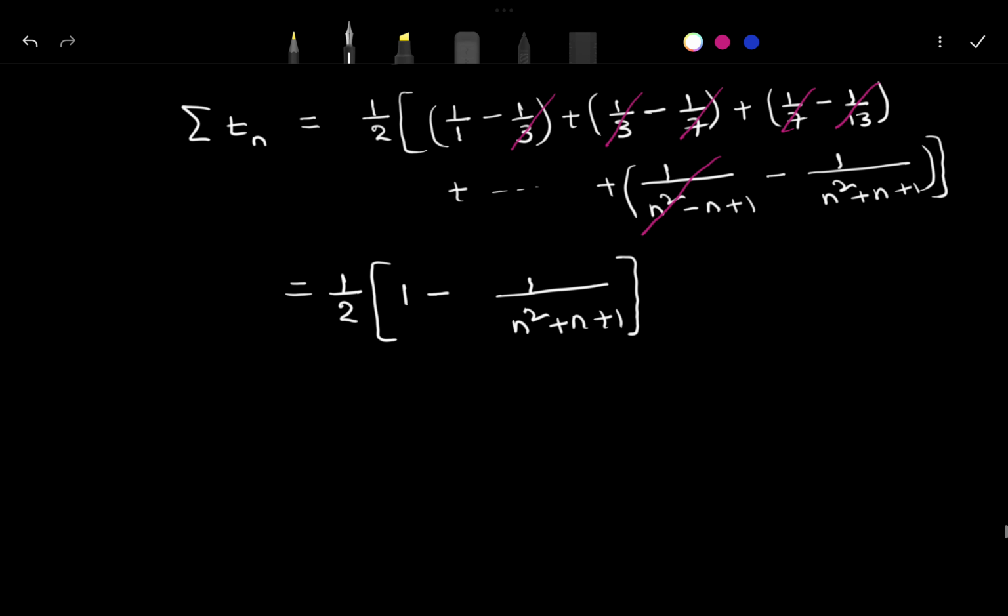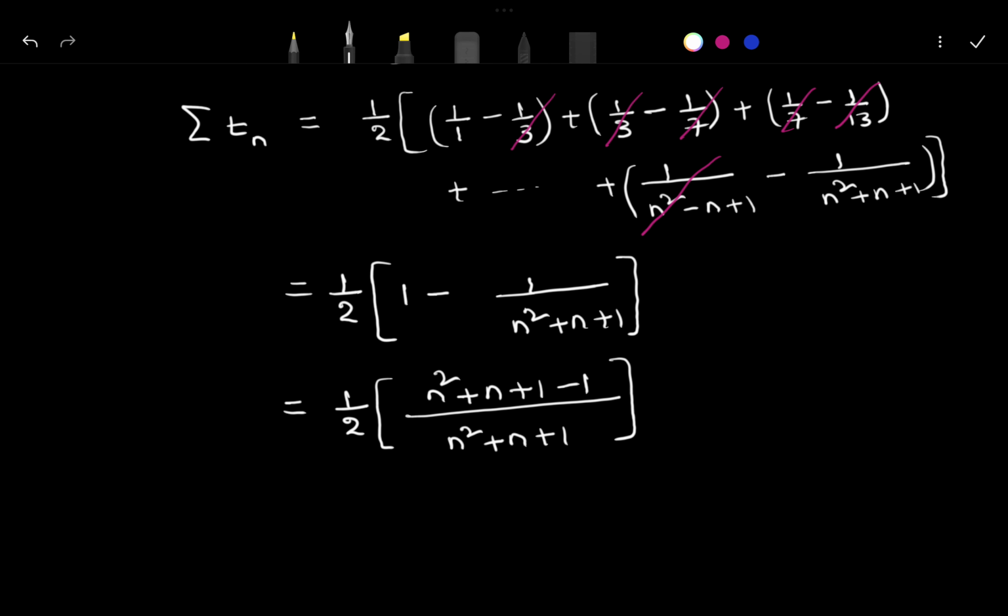Now you take the LCM. So this value will be equal to 1/2 times, by taking the LCM, (n square plus n plus 1 minus 1) whole divided by (n square plus n plus 1). Now plus 1 and minus 1 will be cancelled. So what is the remaining value?